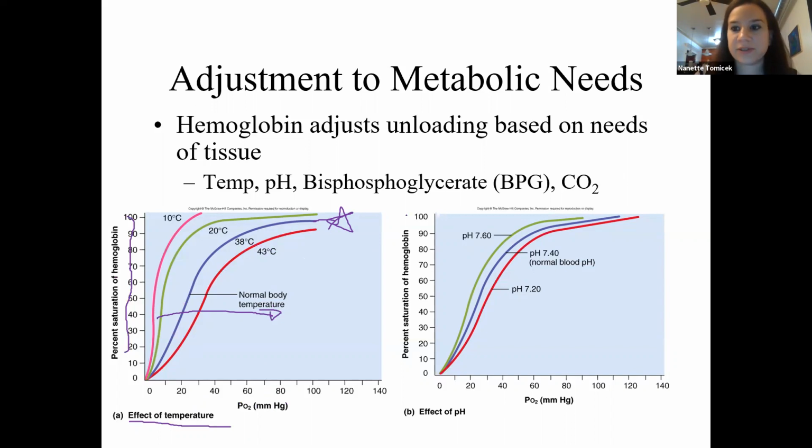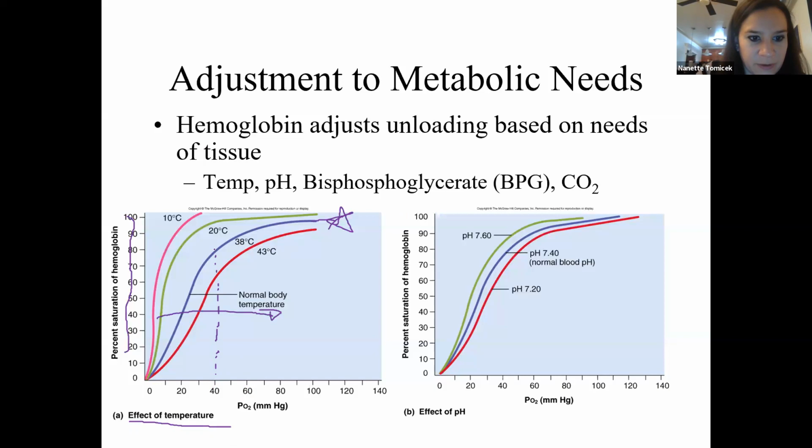Okay, we still have that sigmoid curve, so it's still pretty flat there. But again, if we're trying to think about percent saturated hemoglobin, where we want to keep the PO2 in the tissues, those sorts of things are really going to affect what's going on here. So let's say we're in the tissues, let's go up from 40.